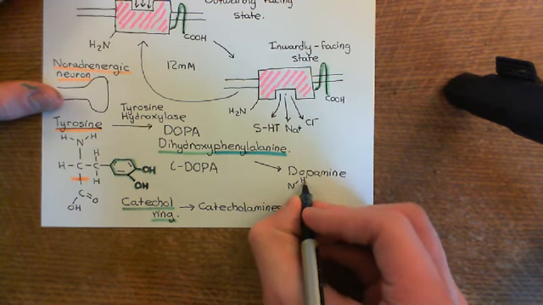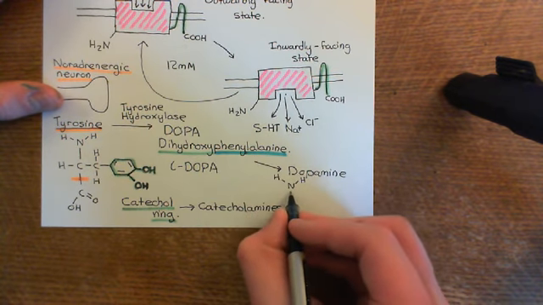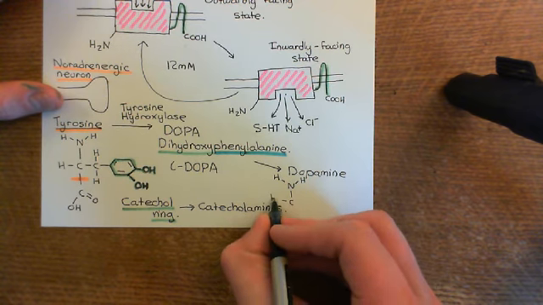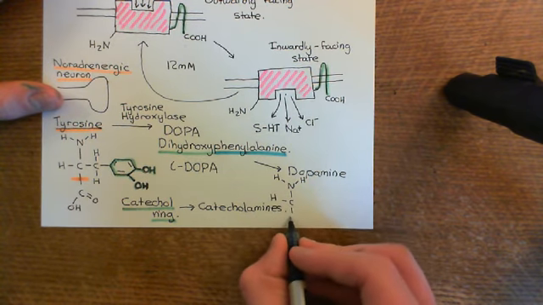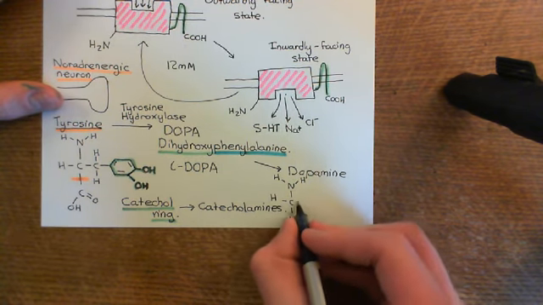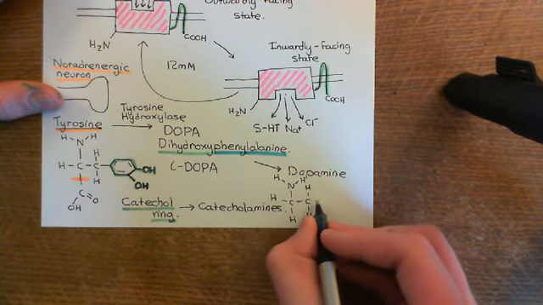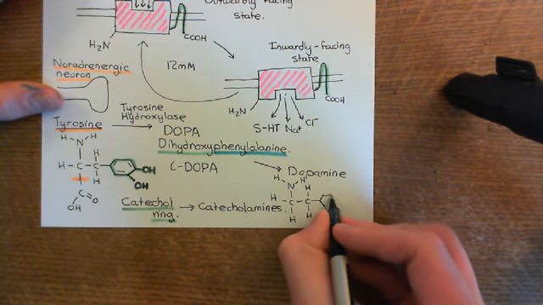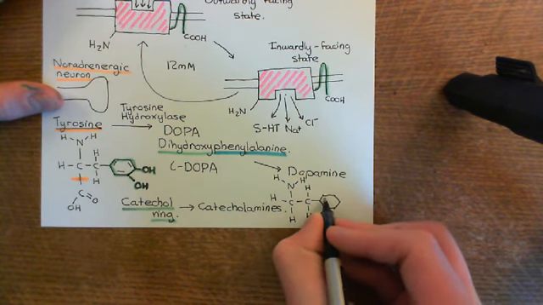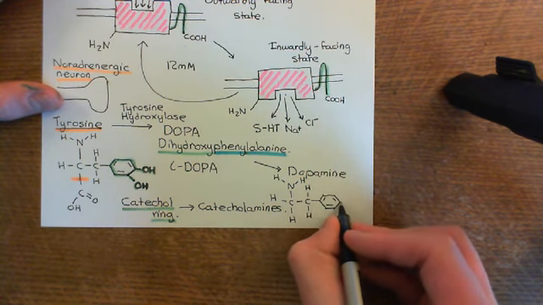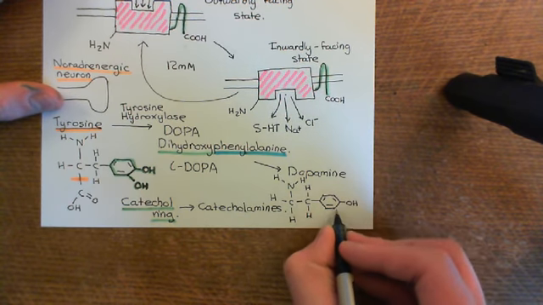So here's the amino group here. Okay, here's the alpha carbon. Okay, and now it's had that carboxylic acid group lost, and it's got a hydrogen there instead. Okay, then we've got the methylene group here. Okay, then we've got the benzene ring with the two alcohol groups coming off, which turn this into a catechol ring.